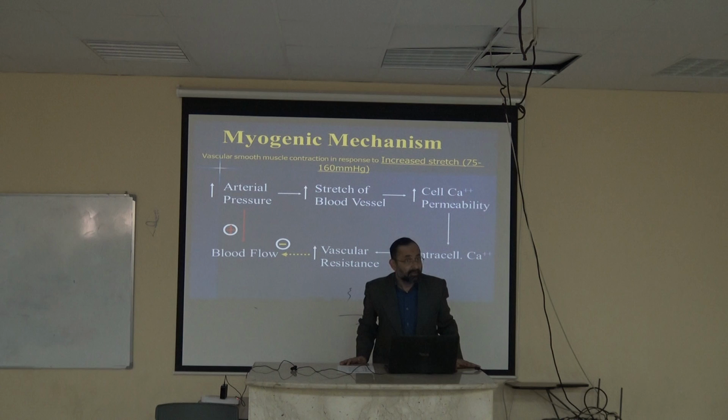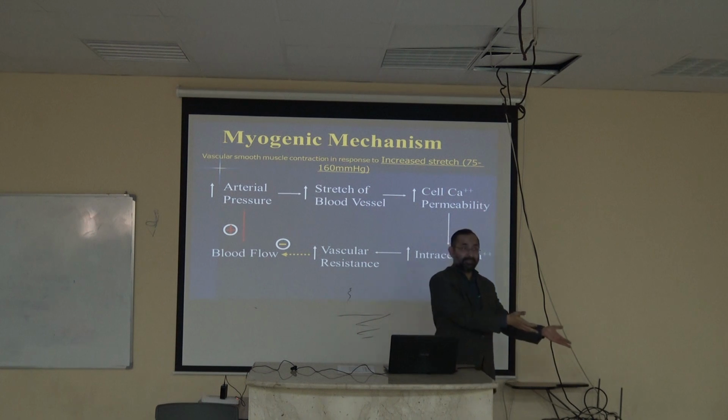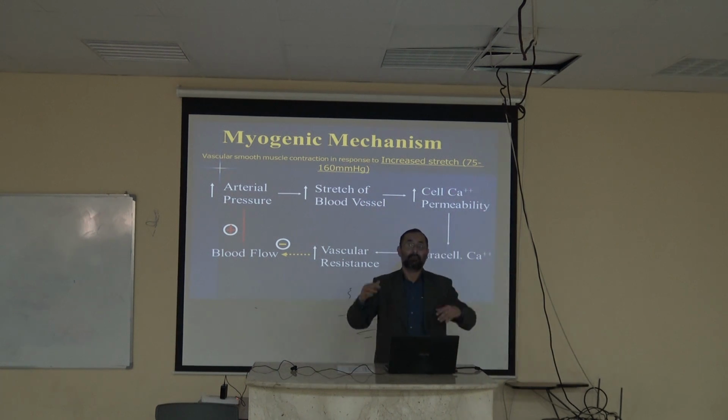When the muscles are stretched, there are some channels open due to stretch, and the calcium will enter into the smooth muscle. You know, smooth muscles depend on the extracellular calcium for their working or contraction. They don't have the store, they don't have any store inside. They just need calcium from outside. Stretching means more calcium into the smooth muscles.